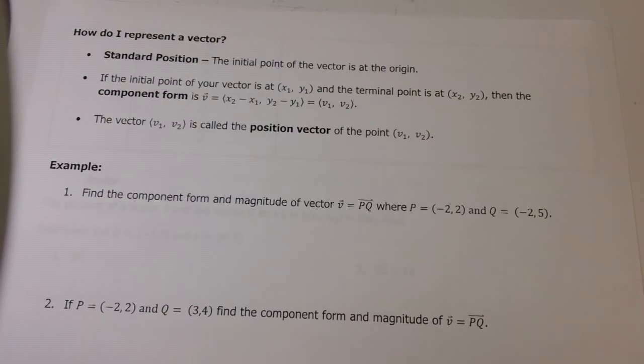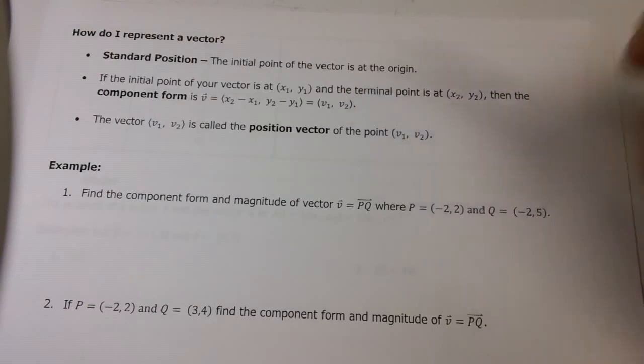So in the previous example, OP would be a vector in standard position because it started at the origin of 0, 0, okay? If the initial point of your vector is at x1, y1, and the terminal point is at x2, y2, then the component form of the vector v is going to be x2 minus x1, y2 minus y1, which is going to give you your vector v1, v2.